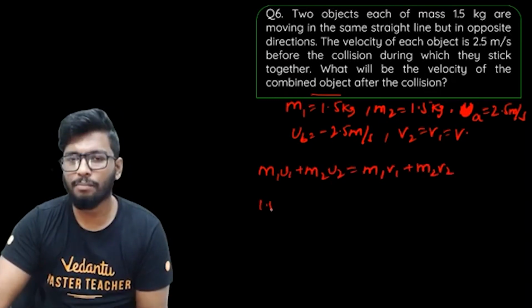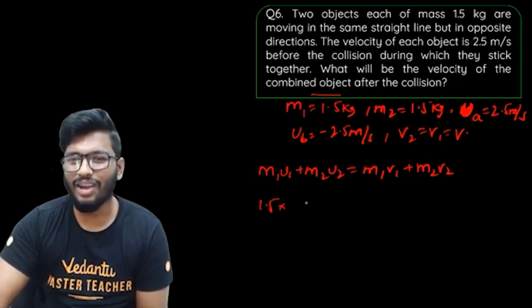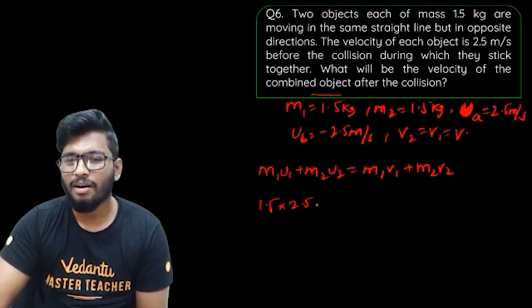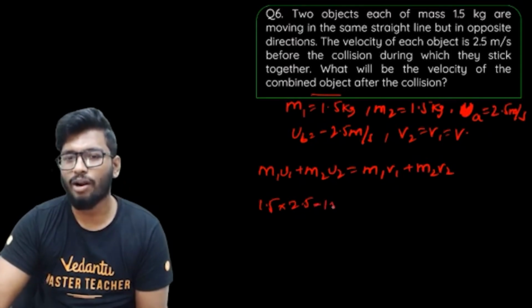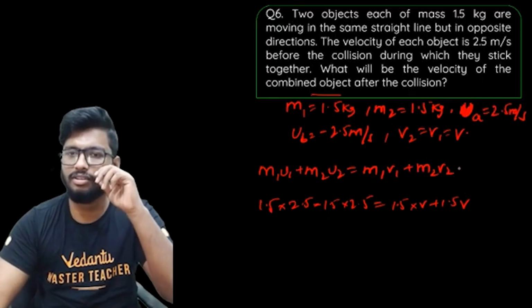So what is M1? 1.5 into U1, which we took as UA, that's 2.5, minus 1.5 into 2.5, which is equal to 1.5 into V plus 1.5 into V, because V1 and V2 are the same.